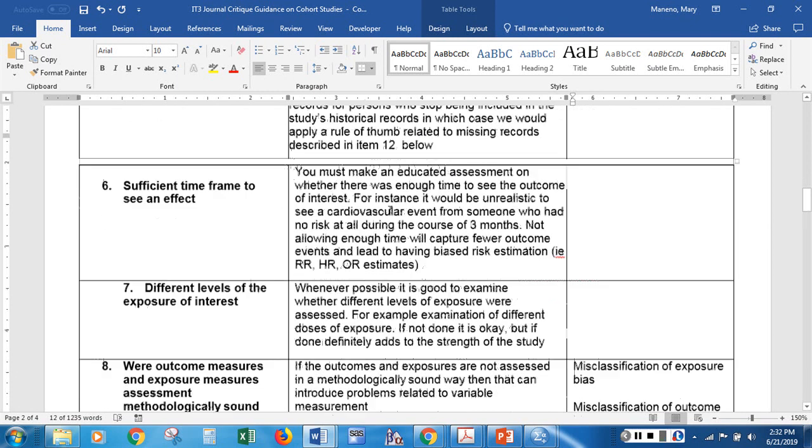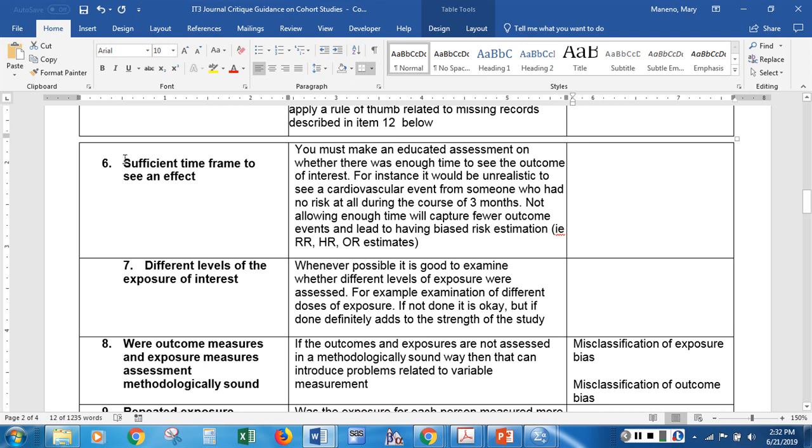Sufficient time frame to see an effect, okay? This point addresses the fact that one must make an educated assessment on whether there was enough time to see your outcome of interest. For instance, it would be unrealistic to see a cardiovascular event from someone who has had no risk at all if you only do the study for 3 months.